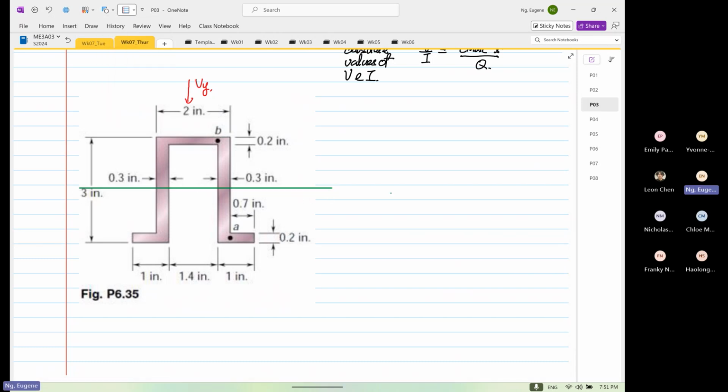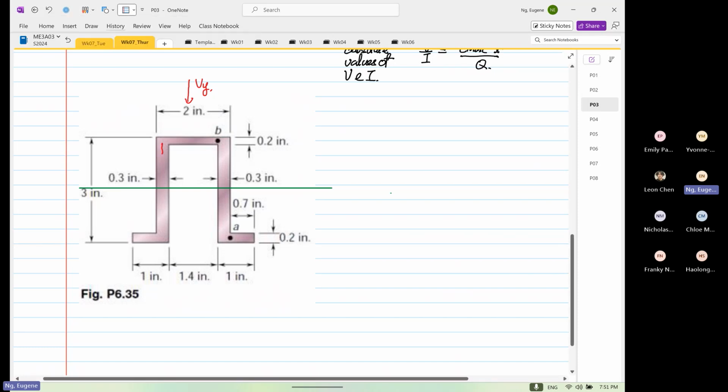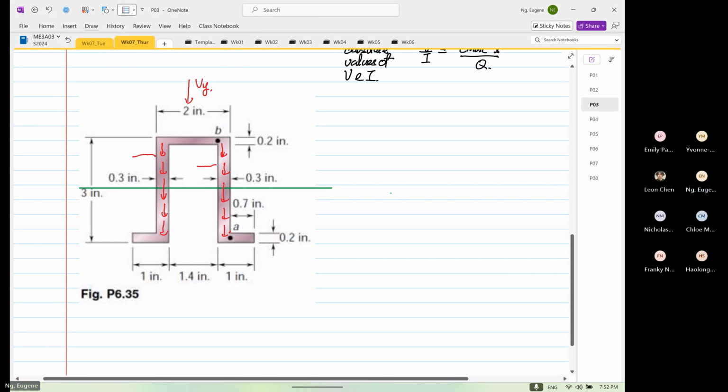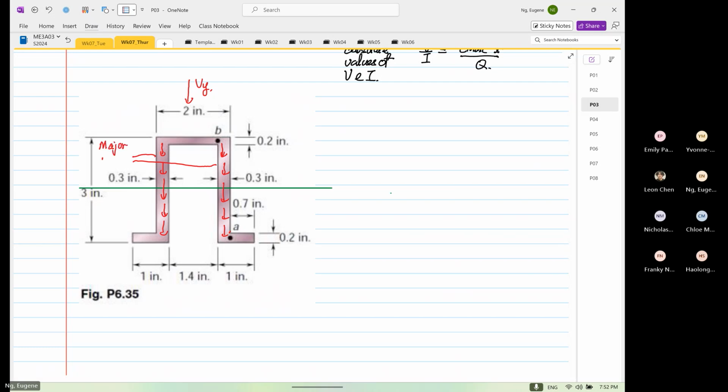Right, and then we design our Vy, our Q. Okay, so this is how our Q will look like. Right, so this is why I designed it that way, because these are our major web. Okay, and this is our geometric centroid.